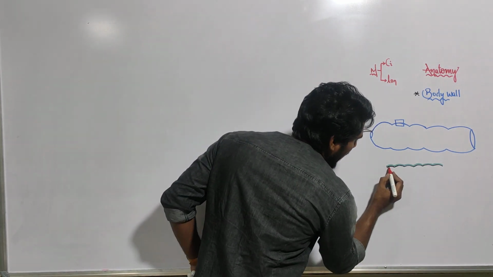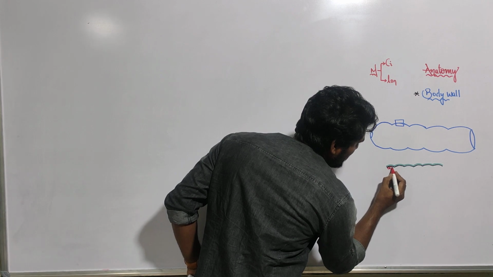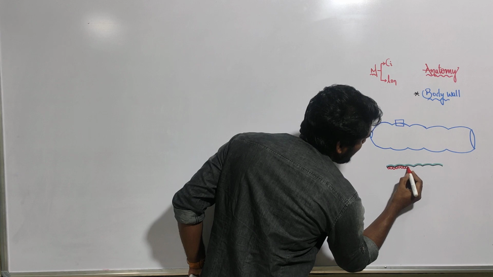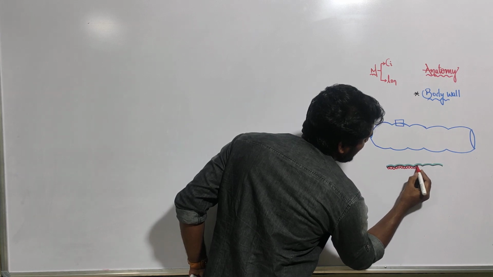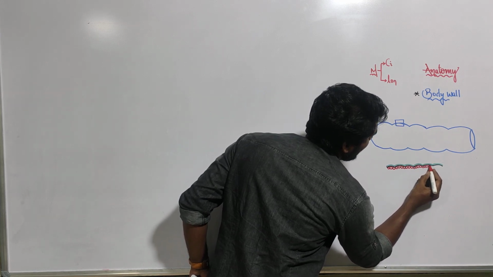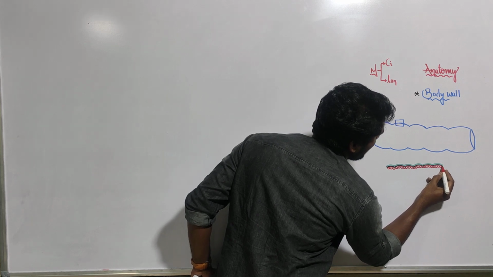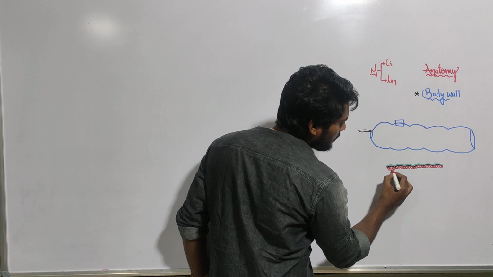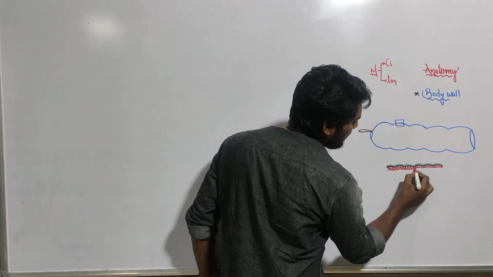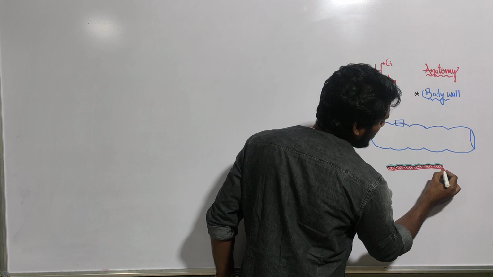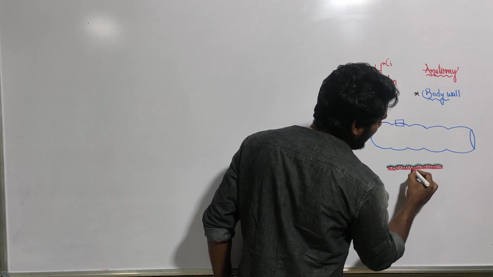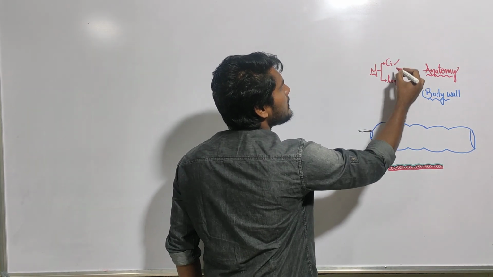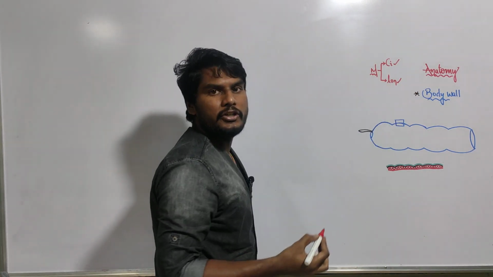After the epidermal layer there is the circular muscle, the muscularis layer, and this circular muscle is followed by the longitudinal muscle, like this. The red indicates the muscularis layer, with two muscles: outer circular and inner longitudinal.